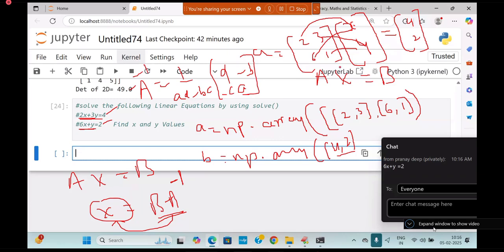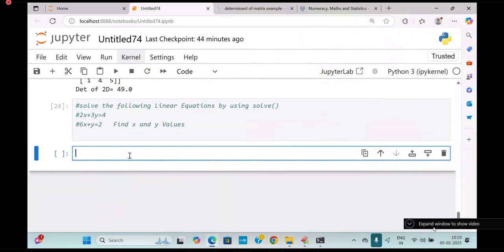Let us mention this data here. A and B I am mentioning now. So coming to this place, I'm going to apply it. A is equal to np dot array of 2 comma 3, 6 comma 1.